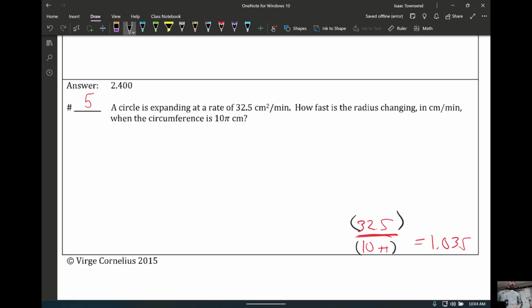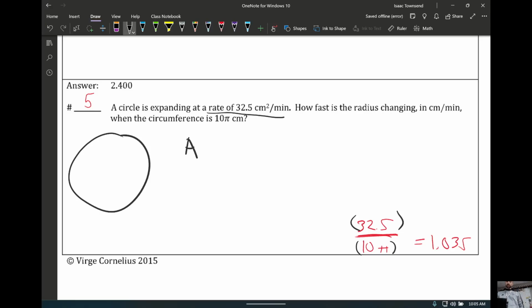Okay, I'll offer to work out question 5. Anybody need to see this one? Yes? Okay. Alright, you've got a circle expanding at this rate. Now, they don't come out and say whether the area is changing or the radius is changing, but the units should give you a hint. Radius isn't centimeters squared. Volume is not centimeters squared.